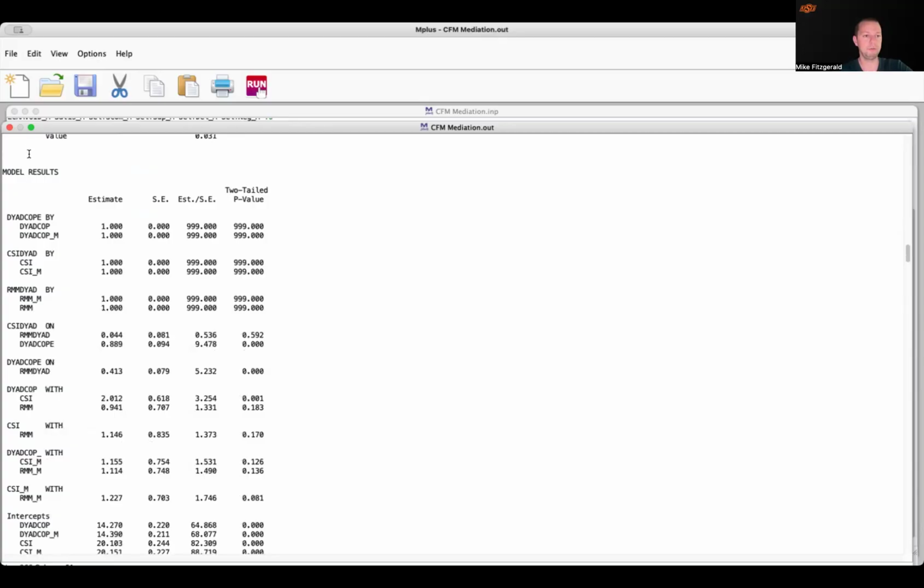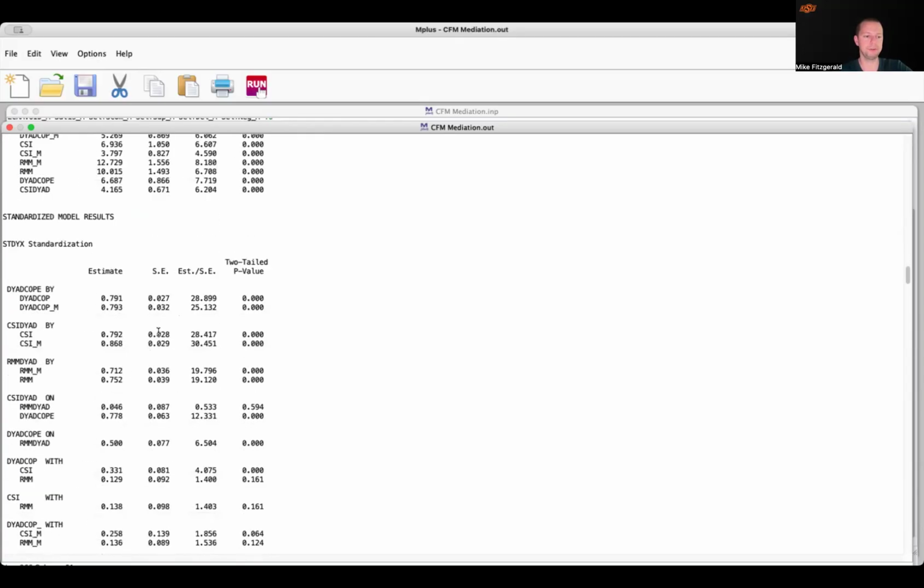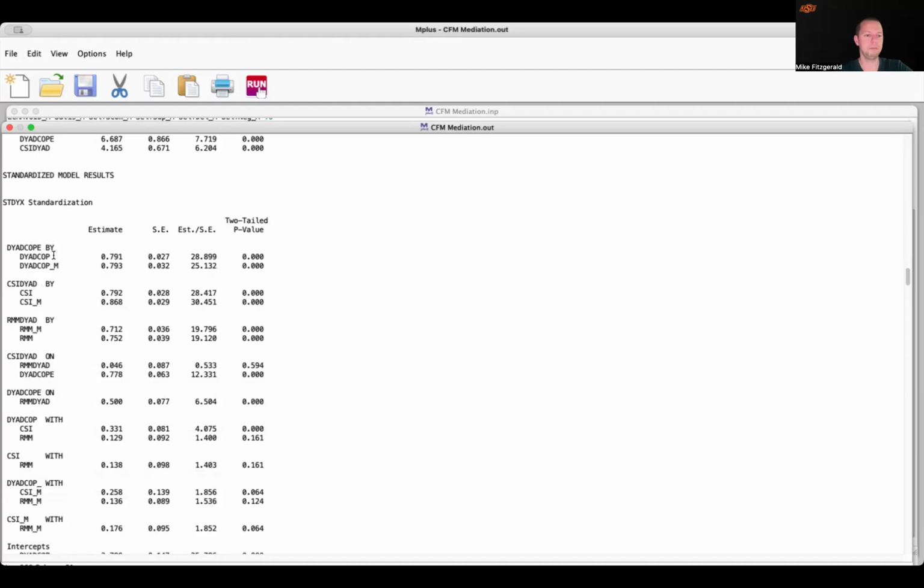We will scroll down, first see our unstandardized results, but then we'll scroll down to our standardized results because we want to, again, check those factor loadings to be sure that they're above the prerequisite 0.70 level to indicate the effective use of a common fate model.